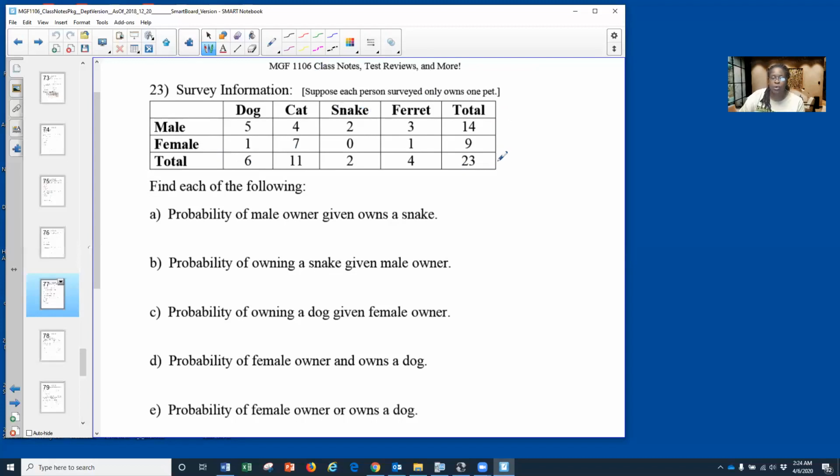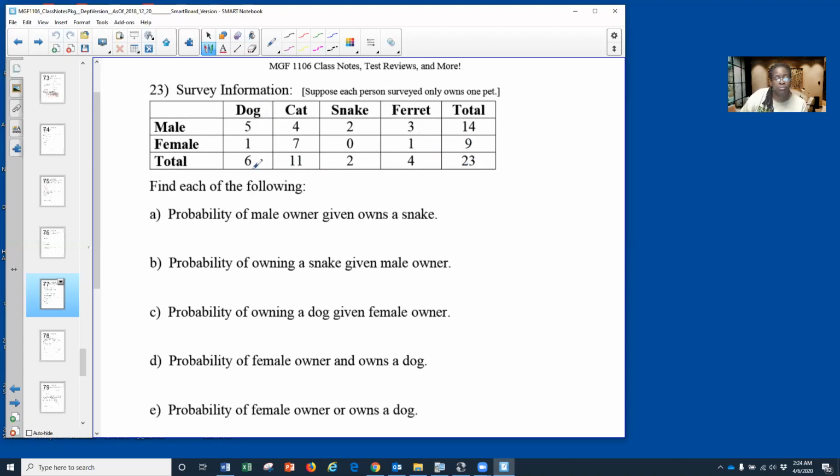So if in the homework or on the test, if you have a table or a chart and they don't give you a totals column or row, then you have to find this total column or row. So you have to add things up so you can get your total, all right? So watch out for that. Totals are important. Here they gave it to us. You say thank you and you move on.